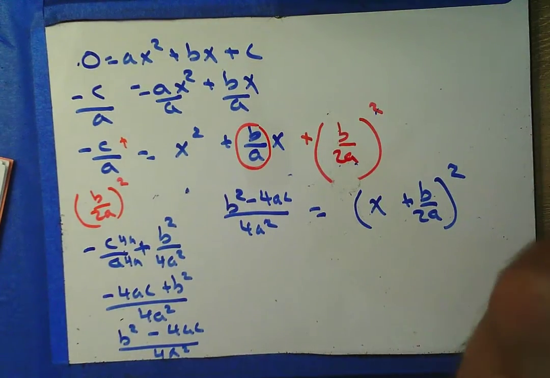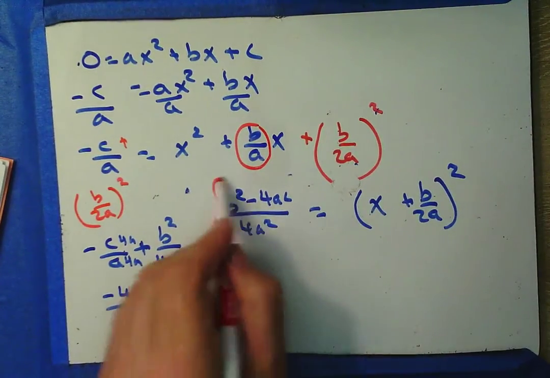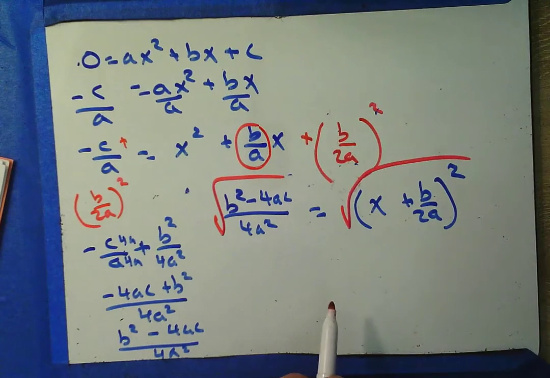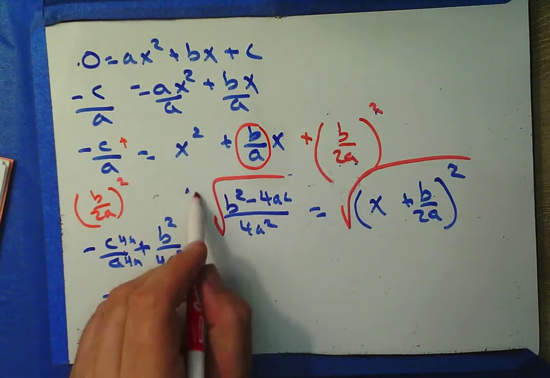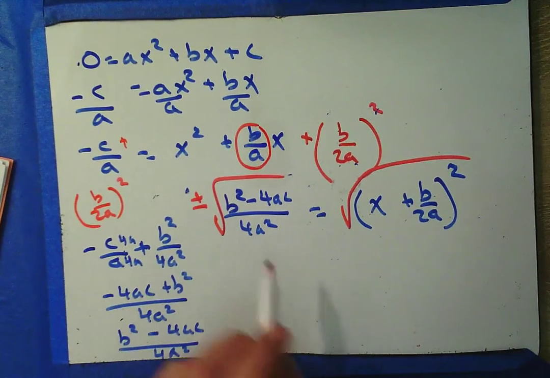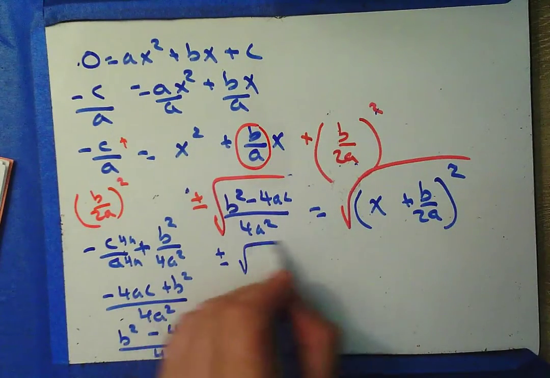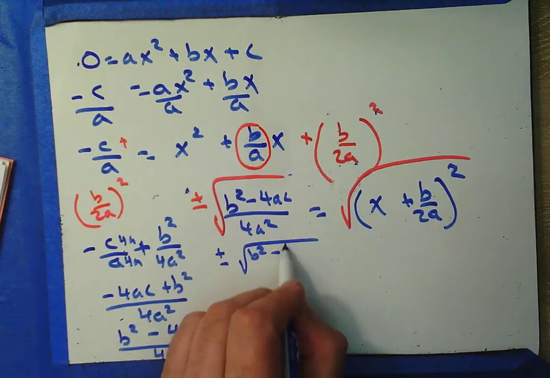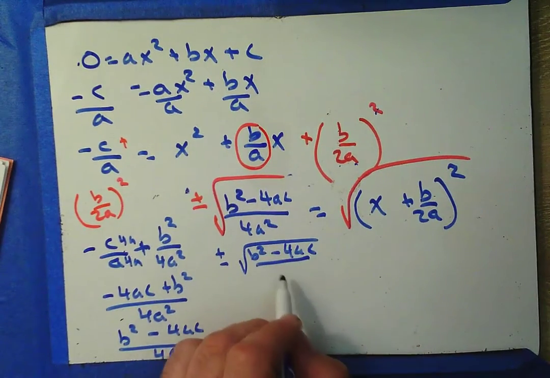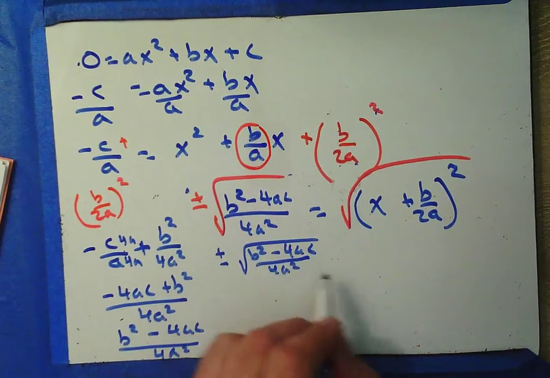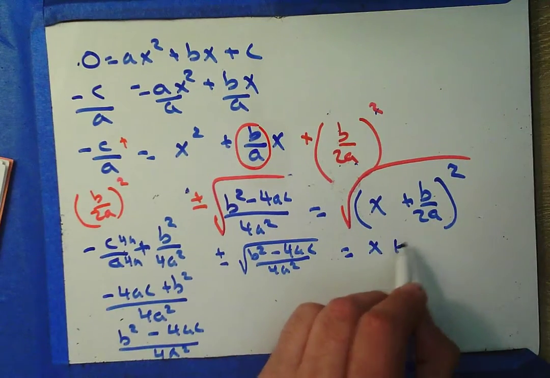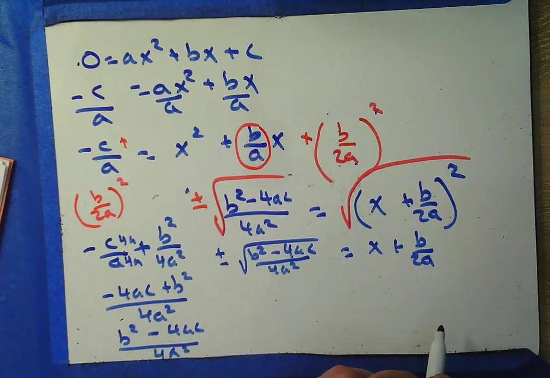We take the square root of both sides. What am I supposed to remember when I take the square root of both sides? The plus or minus. And so now I've got plus and minus square root b squared minus 4ac all over 4a squared equals x plus b over 2a.